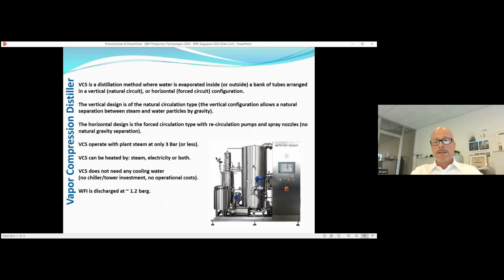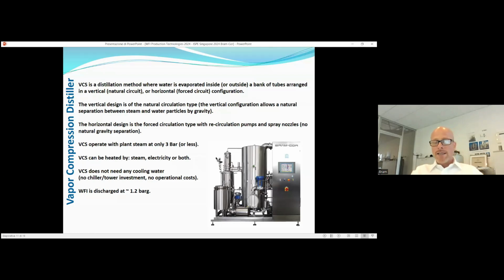And because of this design, the WFI is not coming out at atmospheric pressure, but is a little bit pressurized at 1.2 bar on average. It means that you can have a certain push from the distiller to reach the tanks.